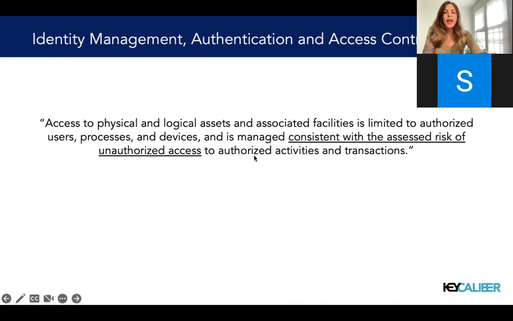Identity management and access control. That is where you're making sure that the physical and logical assets, and where they're housed, have the proper access controls on them. You're looking at authorized users, processes, and devices, and that the level at which you are buttoning up the access is consistent with the risk.